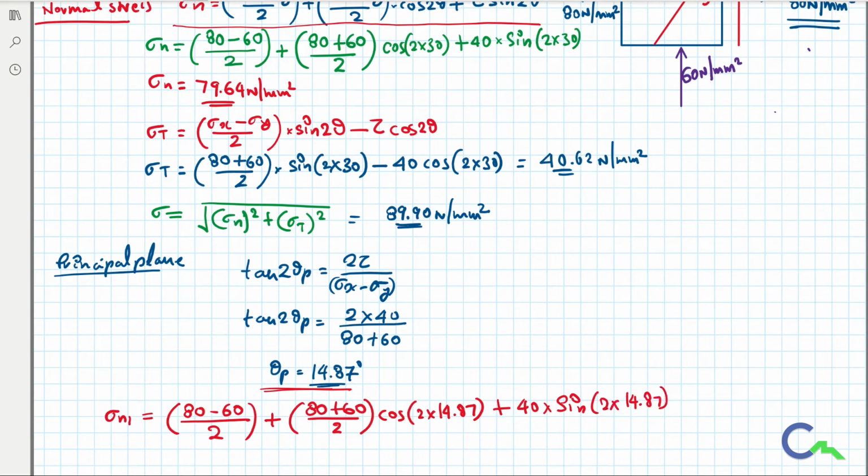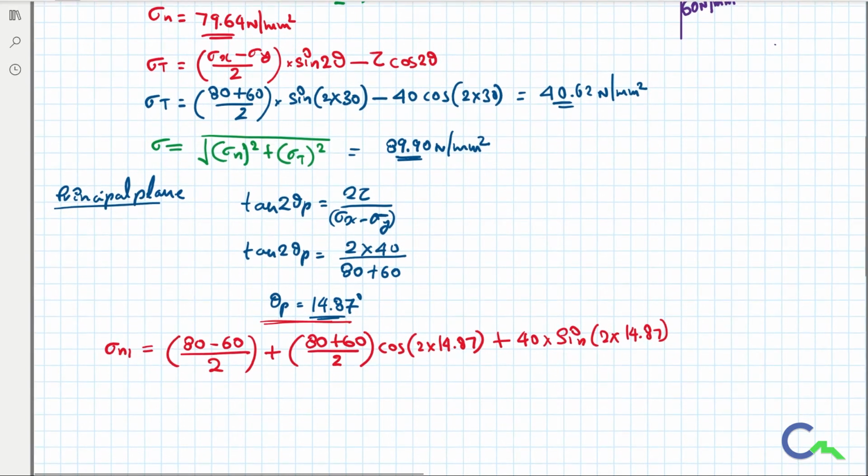So we will get the first value, that is sigma n1 is equal to 90.62 Newton per millimeter square.